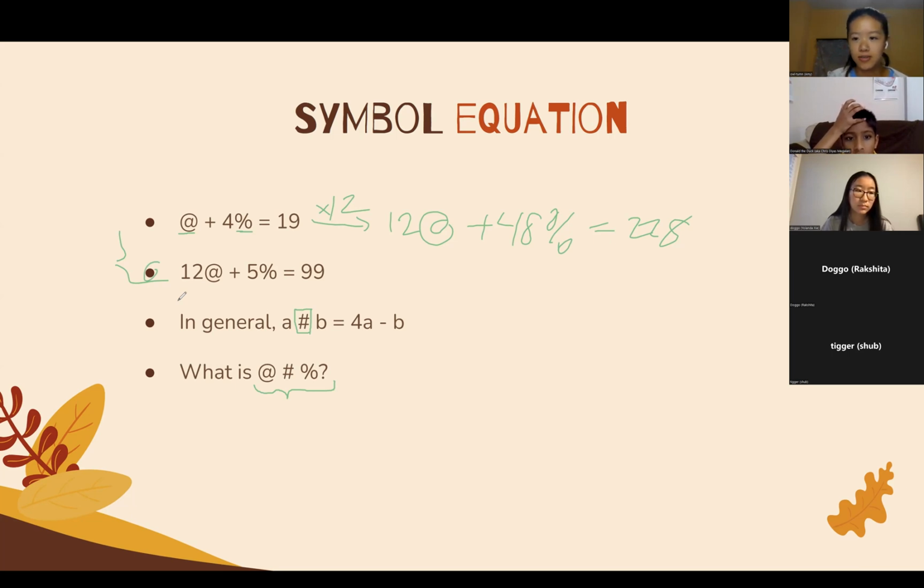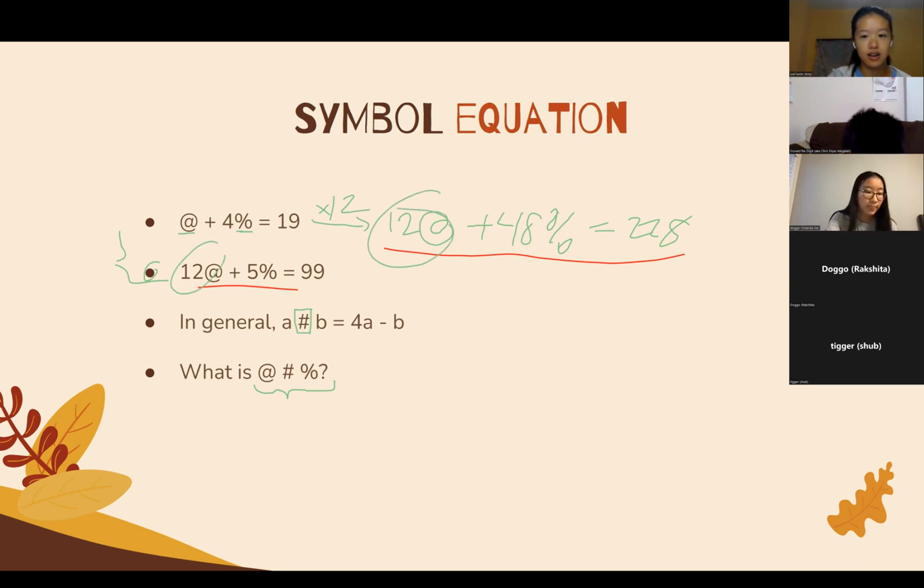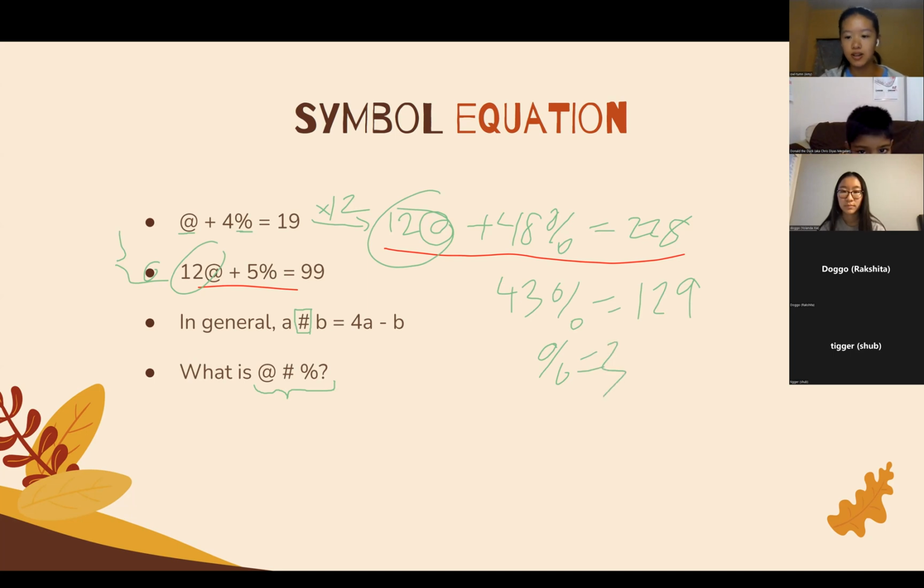So this one minus this one gives us 0 @, because 12 cancels out. And then it'd be 43 times % equals 129. So now we can divide both sides by 43 to find that the % sign is equal to 3.